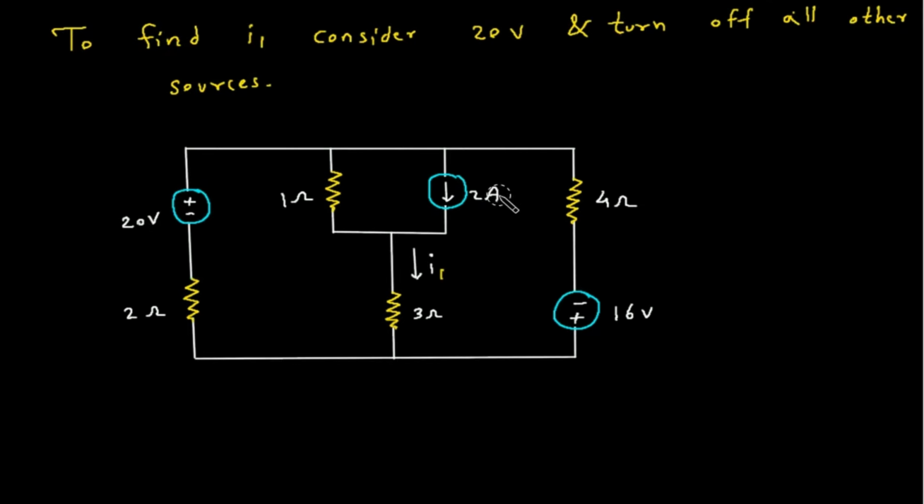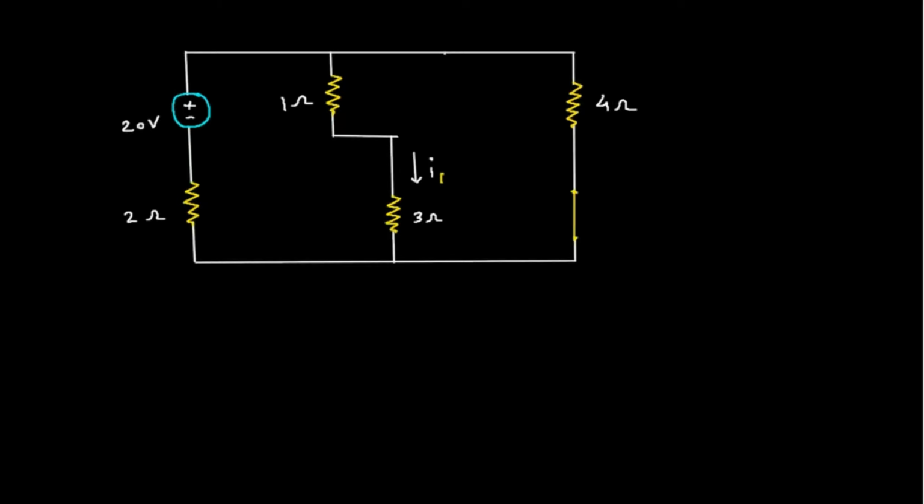So this is the current source. So this will be turned off and open circuited. This is a voltage source. So this is turned off and short circuited. Now we have to find this I1. So to find I1, let's find I first.